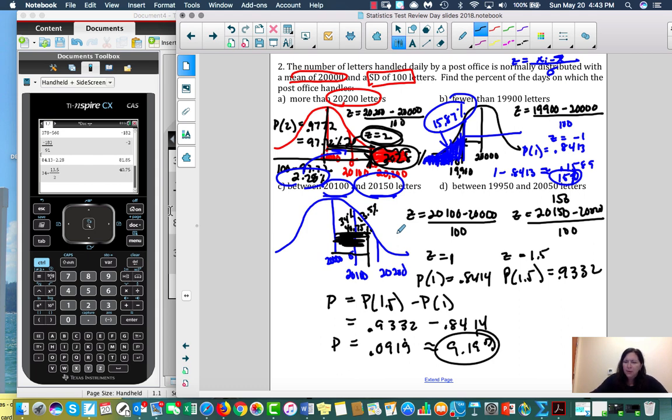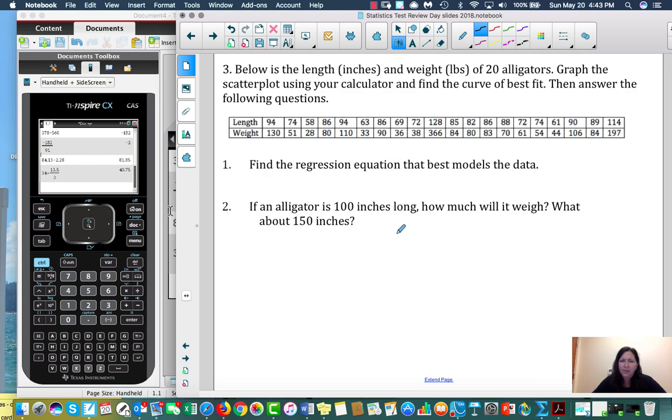Cool. Okay. So the next problem says, graph the scatter plot using your calculator, find the curve of best fit. So I've done about 4 of these problems here, but just knowing that this equation, when you use this on your scatter plot, and again, I'll show you how to start this, but we did an example like this already.